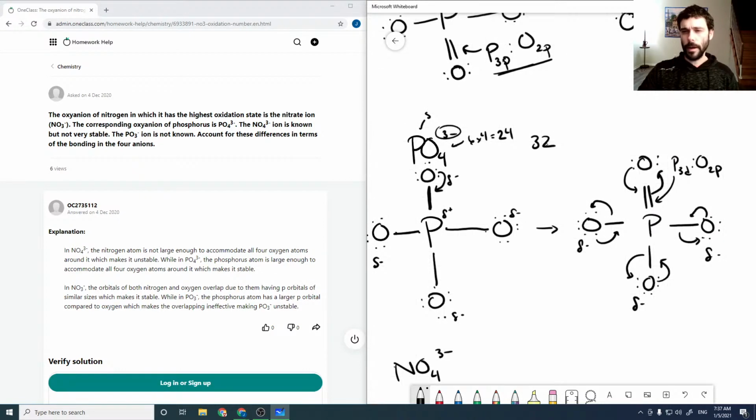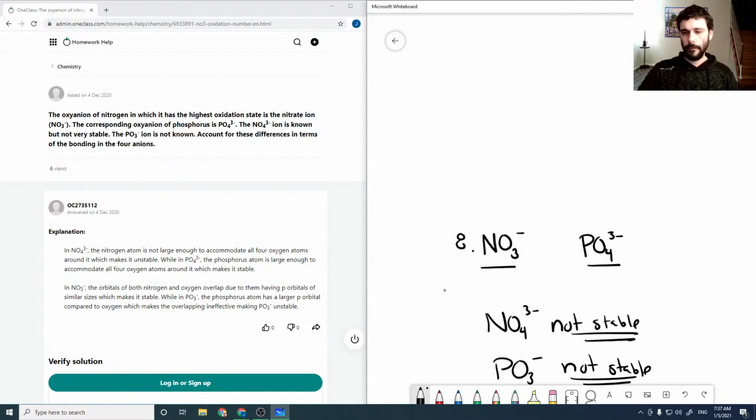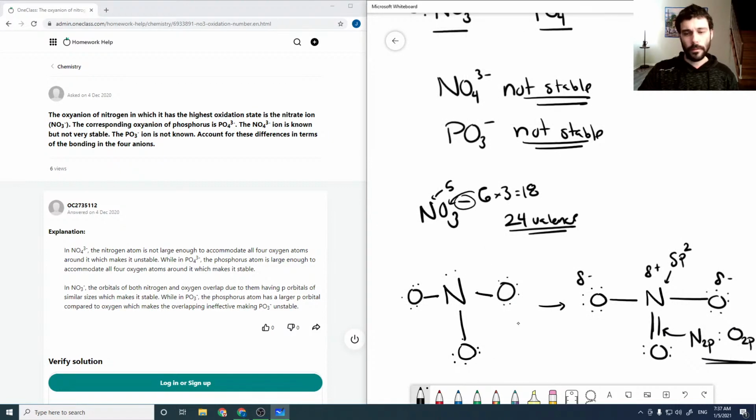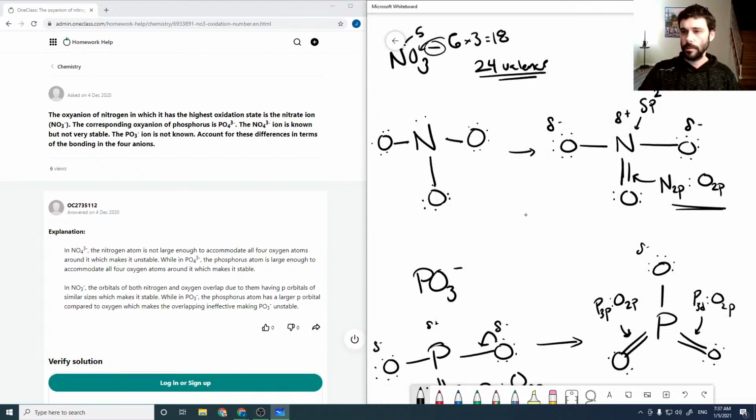Okay, so just to sum up, NO3- is a stable structure in which we get, and I didn't mention this before, but this also gives us resonance structures, right? So each of these could become a double bond.